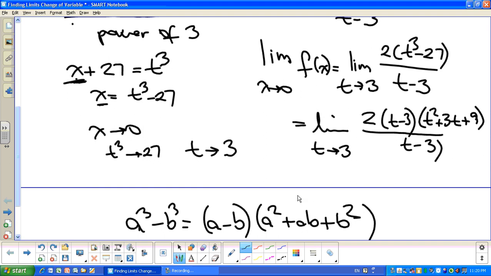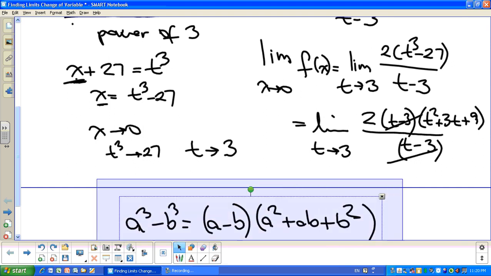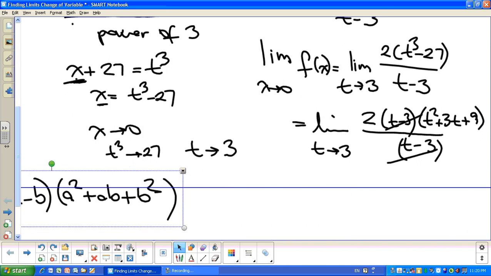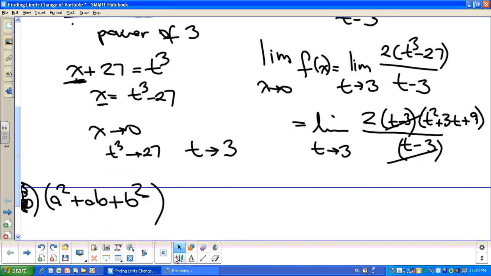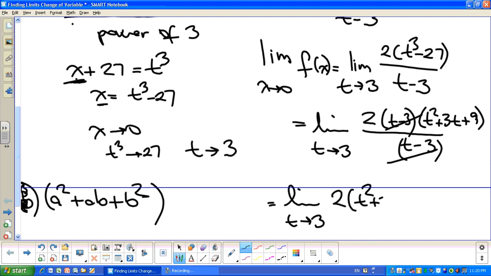Look how lucky we are. t minus 3 over t minus 3 is gone, so I don't need this. So my limit becomes limit as t approaches 3 of 2 times (t squared plus 3t plus 9).